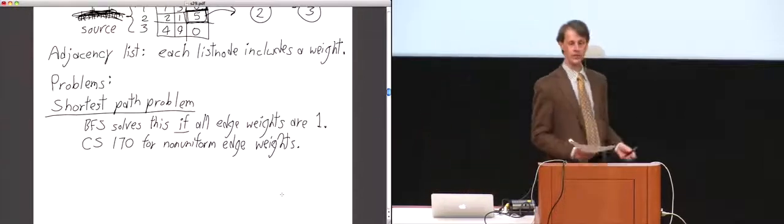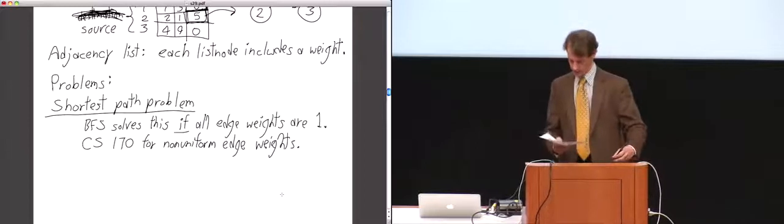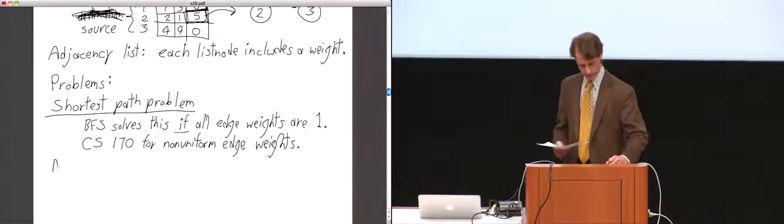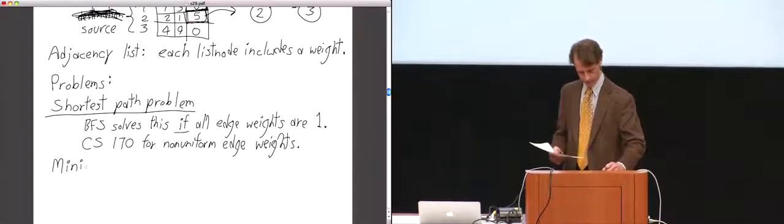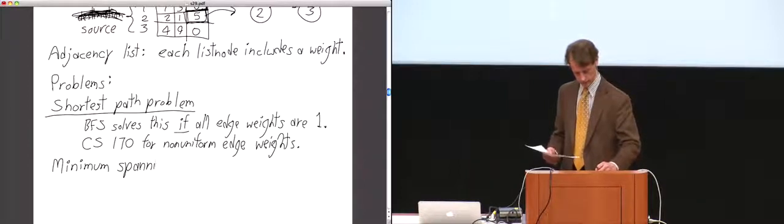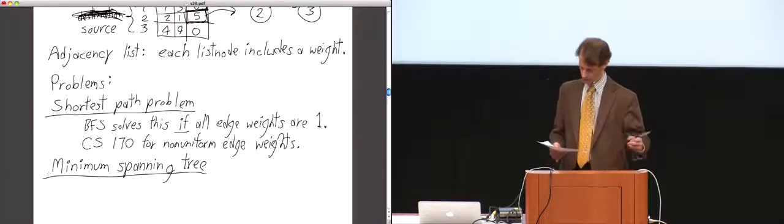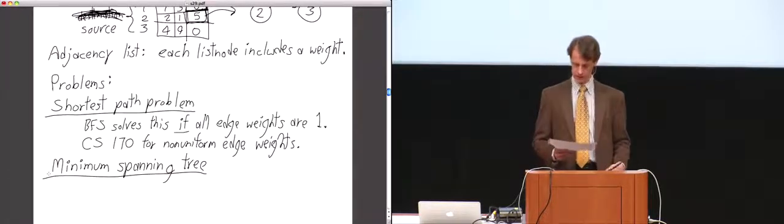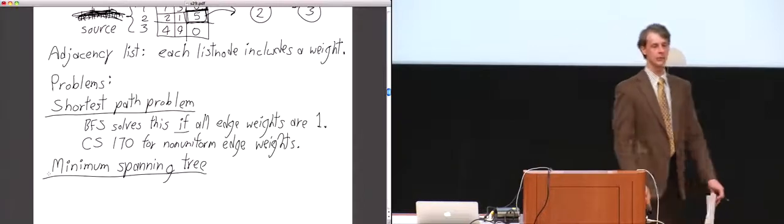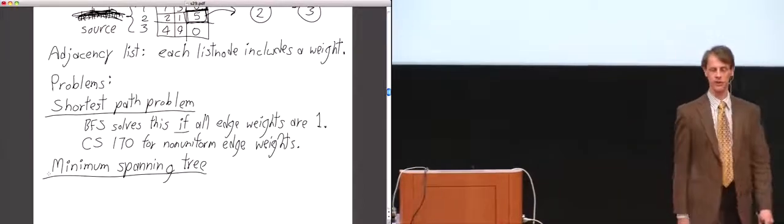A second problem that comes up in the real world a lot is called the minimum spanning tree problem. With the minimum spanning tree, here's an example of where this problem would come up.